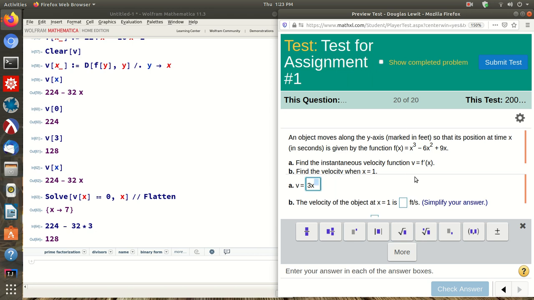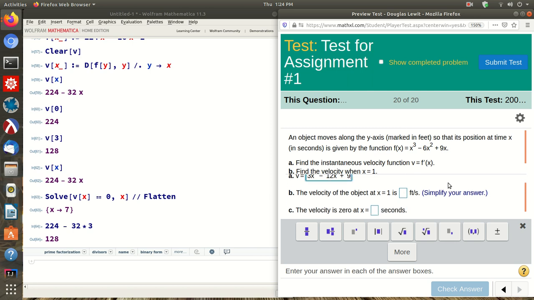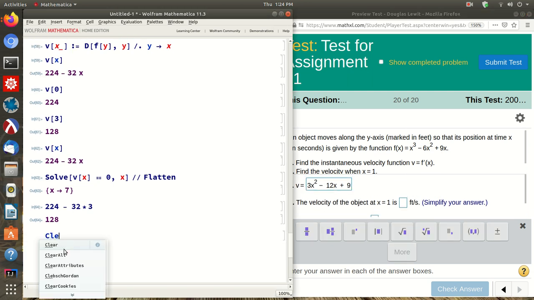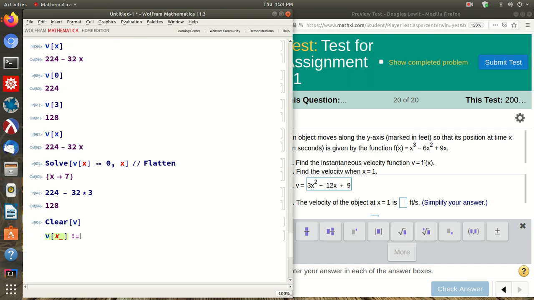It's simply 3x squared minus 12x plus 9. So that's going to be my new velocity function. So clear V, so my velocity function is going to be 3 times x squared minus 12x plus 9.